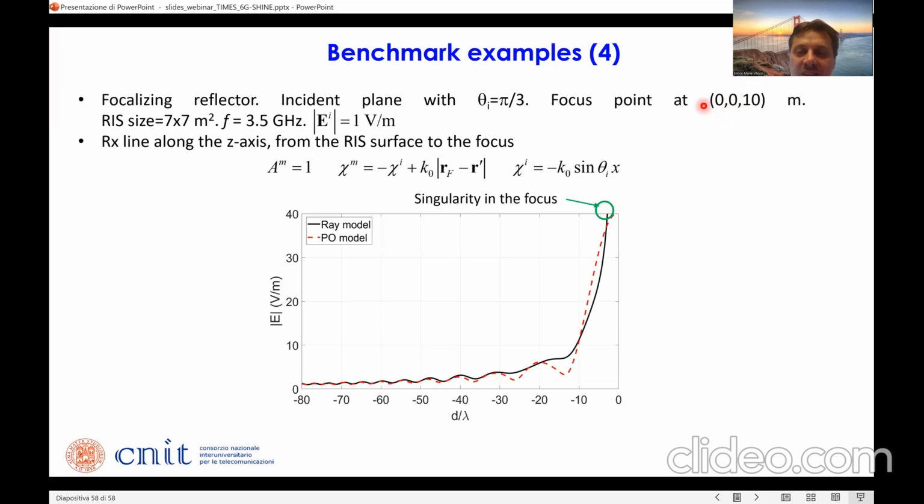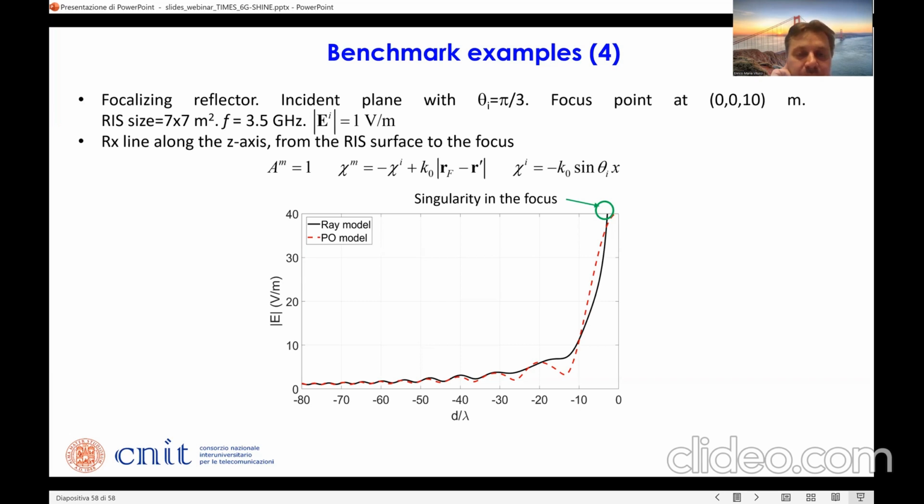The RIS is centered in the origin of the reference system, so the focus point is along the z-axis at a distance of 10 meters. And in this case, the ray model is able to compute the field everywhere except the exact point where the focus point is placed.